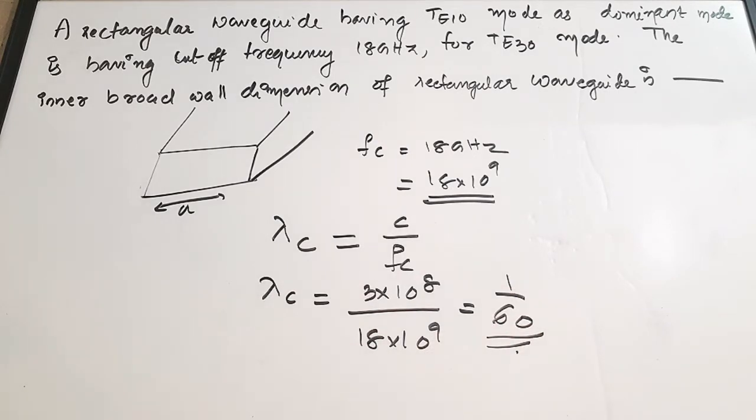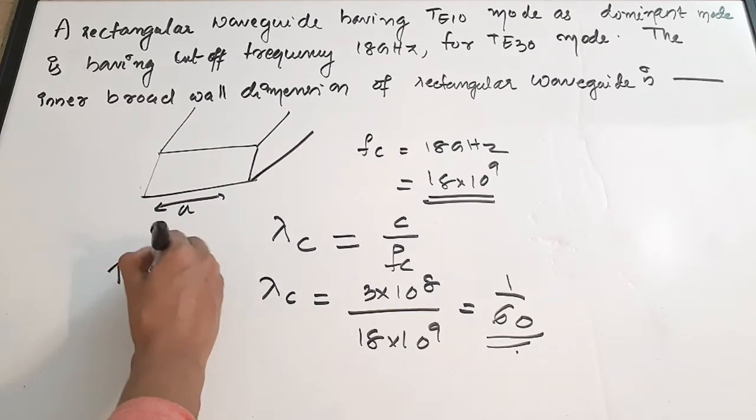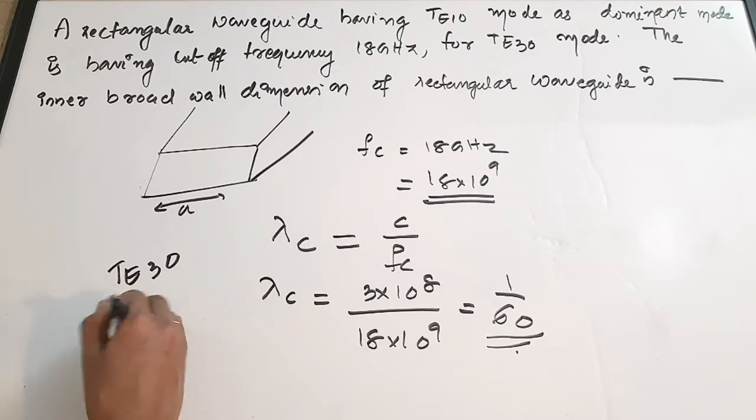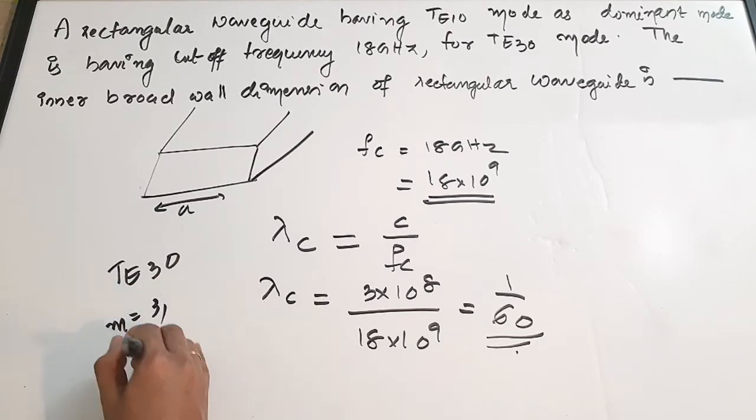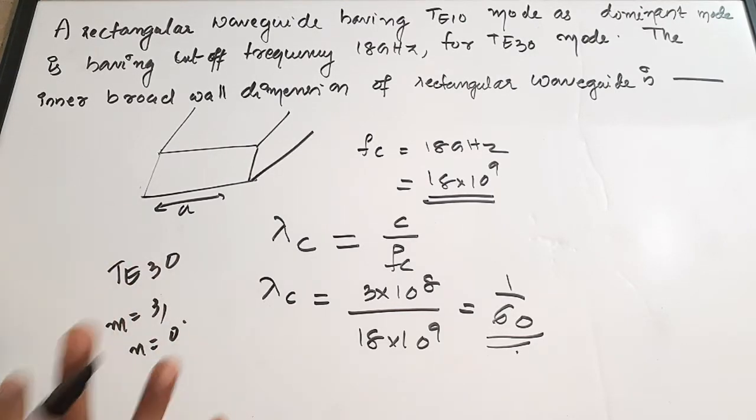Now you don't need lambda c, you need a. How can we connect lambda c with a? That is just by applying the equation for the cutoff wavelength in terms of a and b, and in that equation you have to substitute the values for the TE30 mode. So you put m equal to 3 and n equal to 0 and reduce that equation.